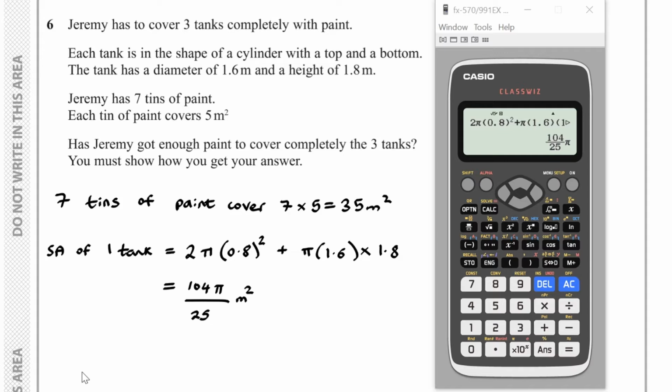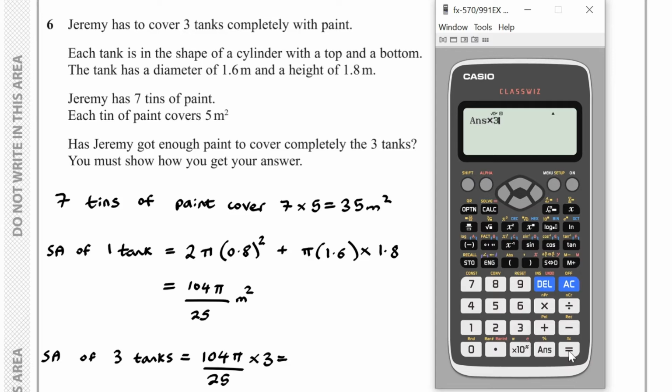And therefore, for 3 tanks, the surface area of 3 tanks will equal this value over here, 104 pi over 25, multiplied by 3.